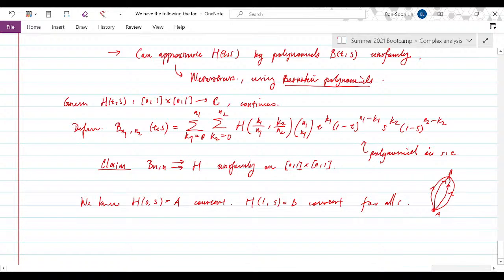Okay, so does our polynomial follow the same thing? Let's see. What is B_{n,n}(0,s)? Because we're plugging in 0, anytime there is a t to the k1 power where k1 is not 0, that's just going to give us 0. So the only term that is left is if k1 is 0.